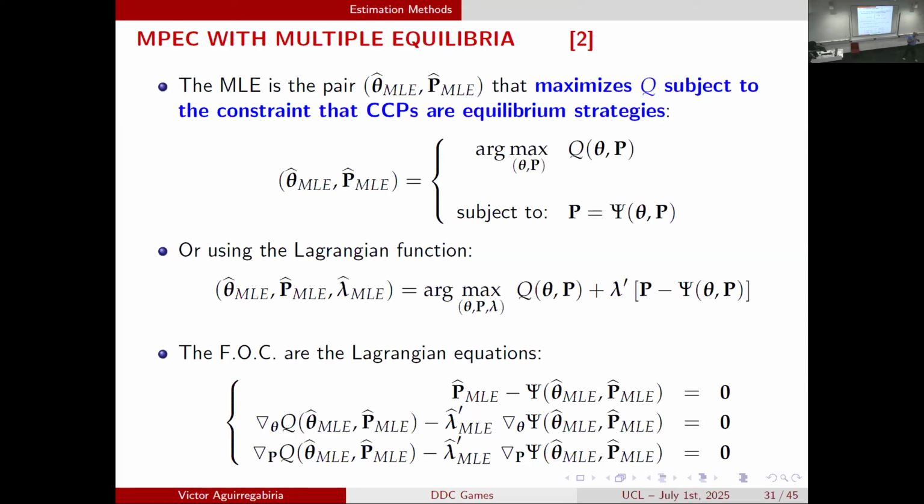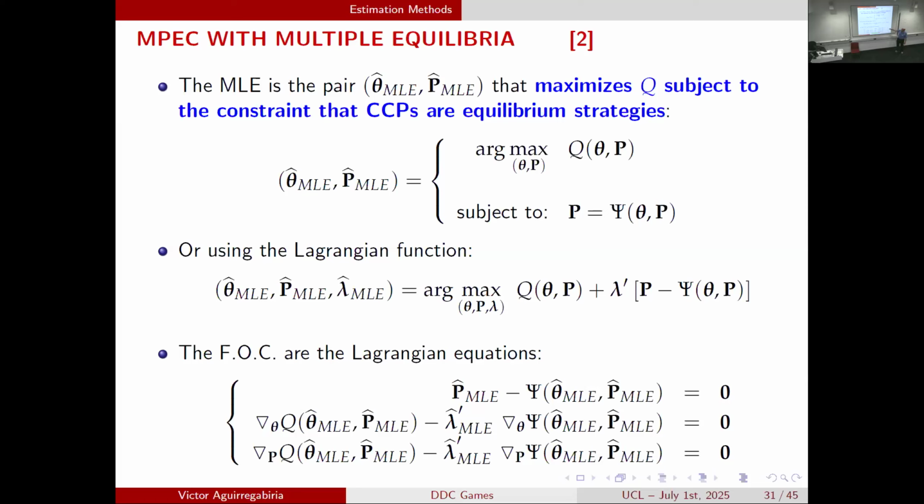That the beliefs that a player has about the choice probabilities of other players correspond to the best response choice probabilities of other players. In other words, that these beliefs are an equilibrium of the model, okay? And we maximize this likelihood function subject to this constraint. This is a Lagrangian problem, equivalent to obtaining the values of theta, P, and lambda that maximize this Lagrange problem, okay?